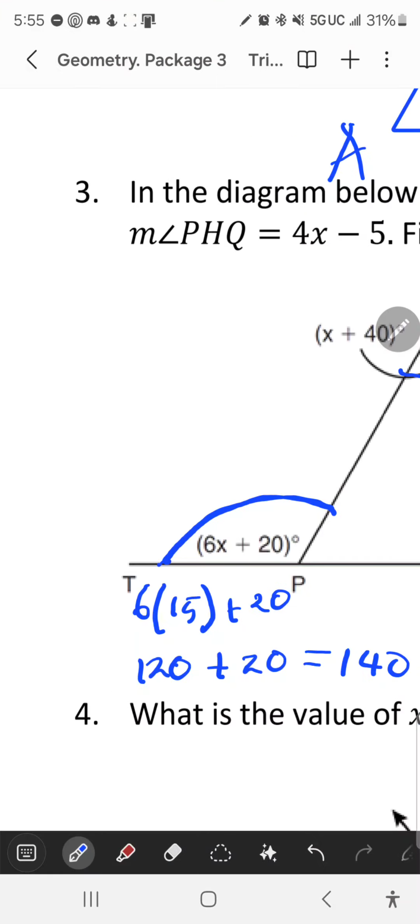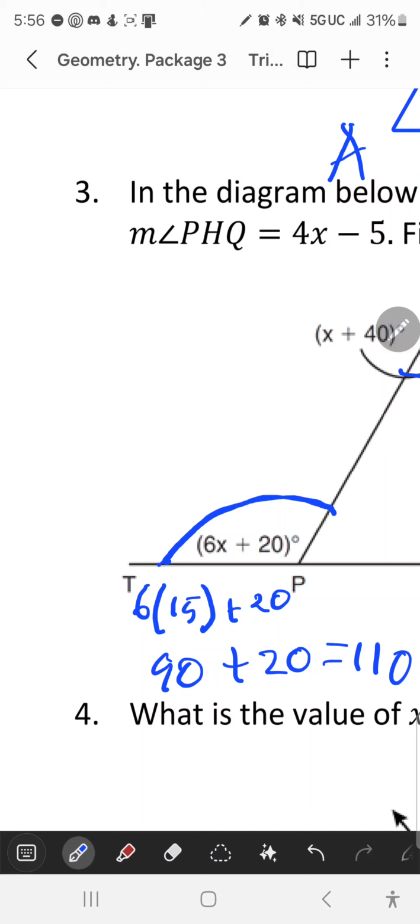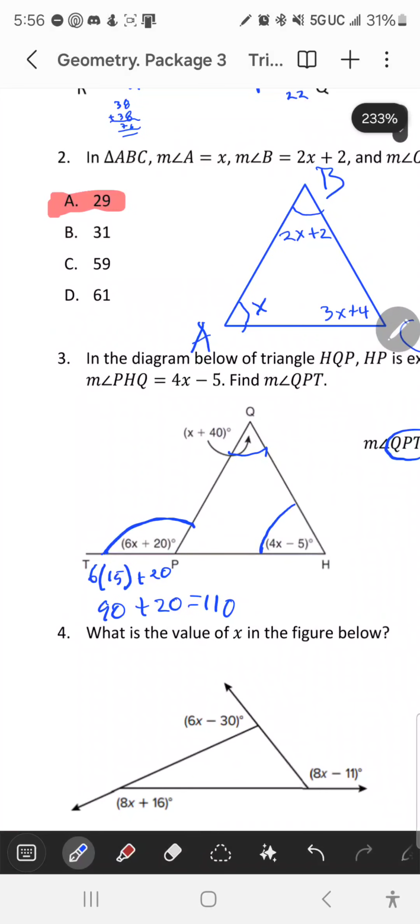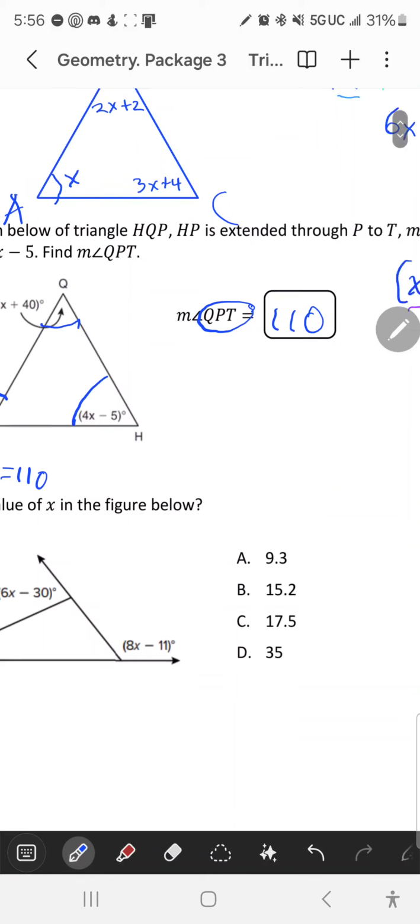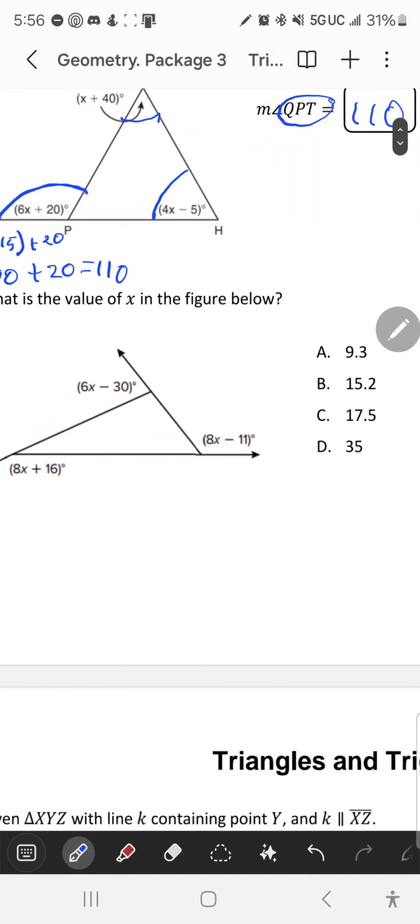Oh, it's 90. I'm sorry about that. So 90 plus 20, 110. Sorry about that. Either way, 110 is our answer. That's important. Always make sure your calculations are right. Either way, let's just continue.